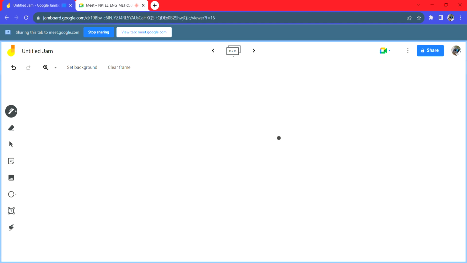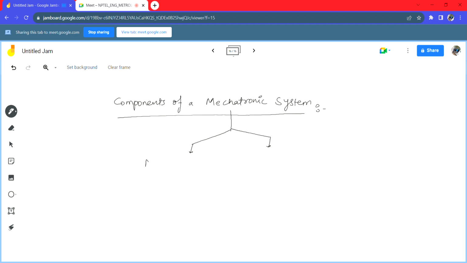Now let us move on and study the components of a mechatronic system. A mechatronic system, as you can see from the word, derives from two root words. One is mechanical and the other is electronics.